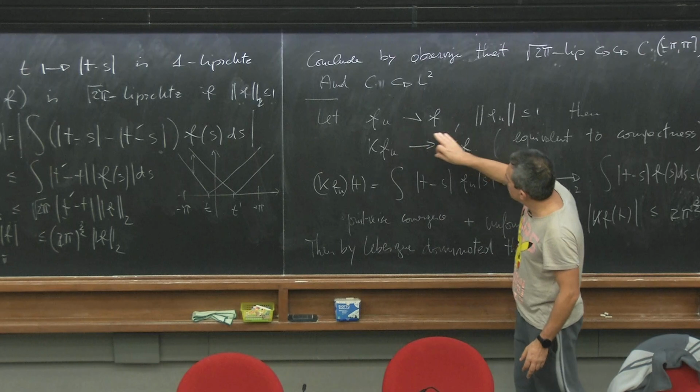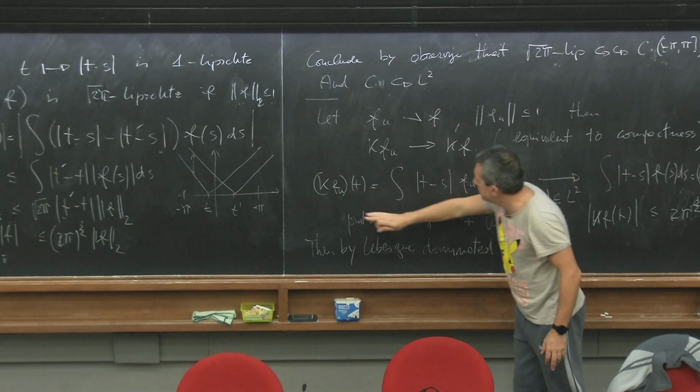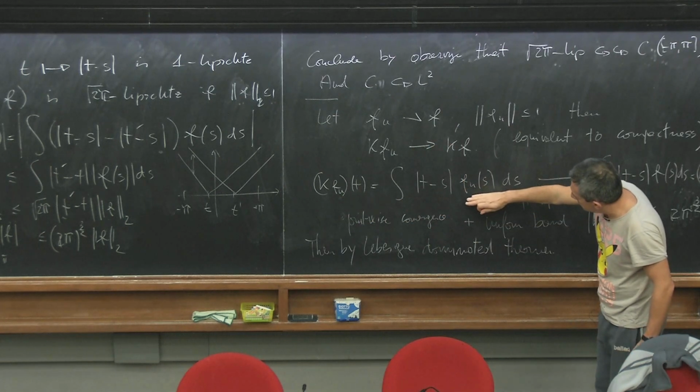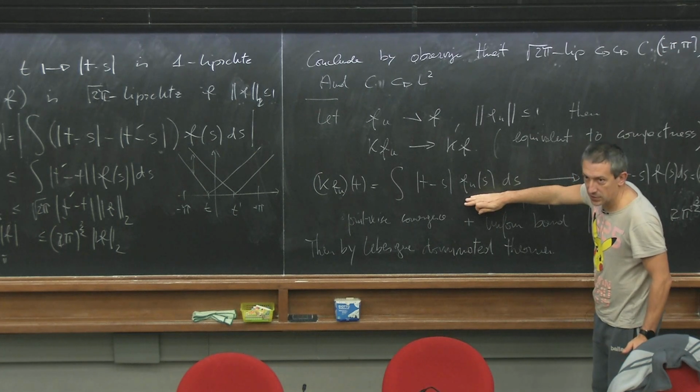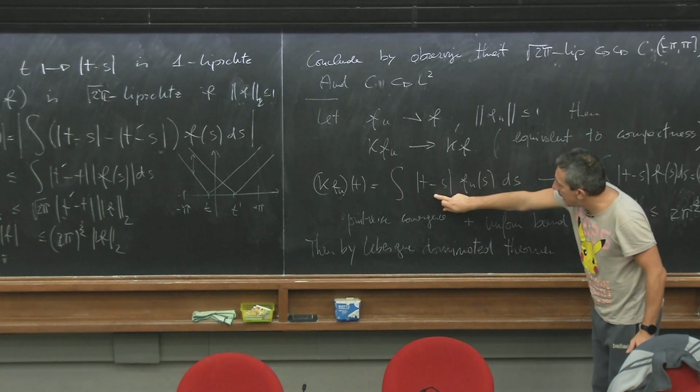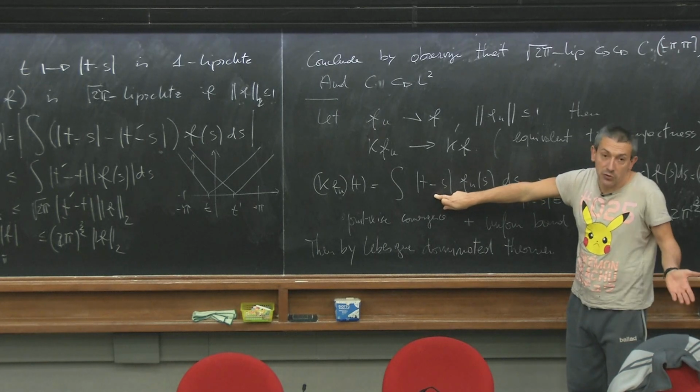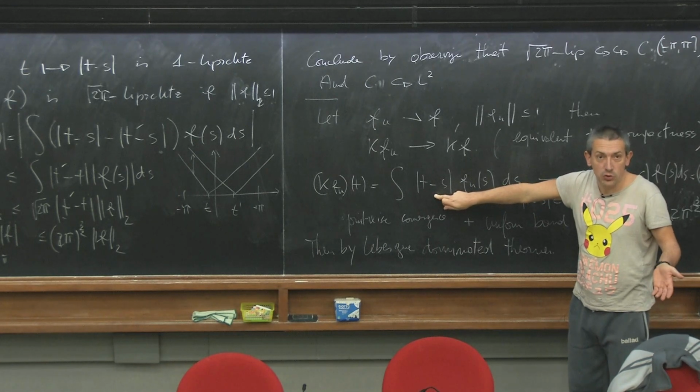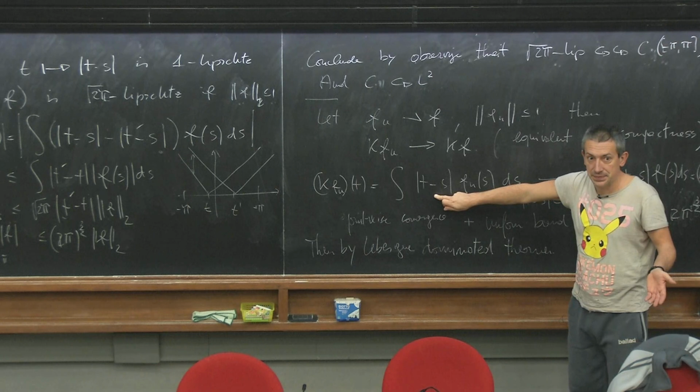So I take a weakly convergent sequence and I compute the image, and now this is the definition of the operator. Now, this function belongs to L2. It's bounded, so it belongs to L2 of minus pi pi.